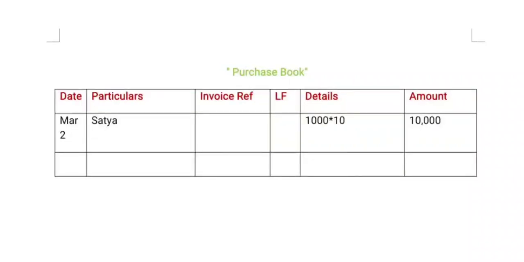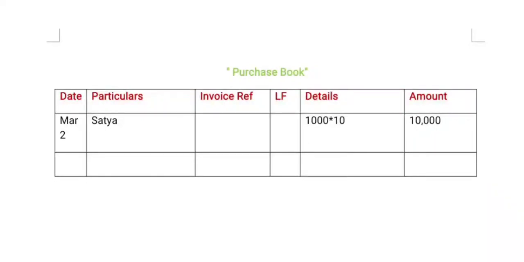We are taking another column for the purpose of giving units. Date column 2nd March, goods purchased from Satya. That is why we take the supplier name as Satya. Then in details, we purchased 1000 pens at the rate of 10 each. That is why we take 1000 multiplied by 10. That amount is 10,000. We take it in the amount column.